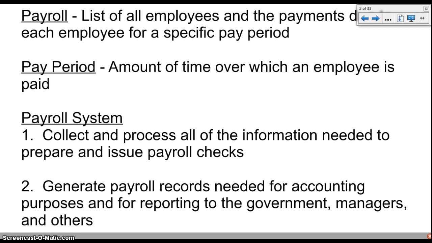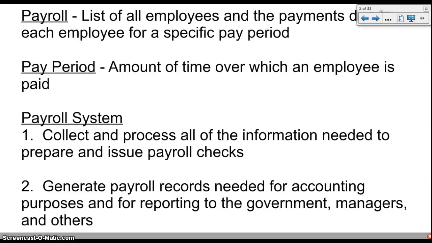Once you have all of that, then you're going to create your different payroll records. These records are used by various people in the business and also in the government. So you're going to create a payroll register, which shows for each pay period how much money is paid out, what the deductions were, and what the taxes are.